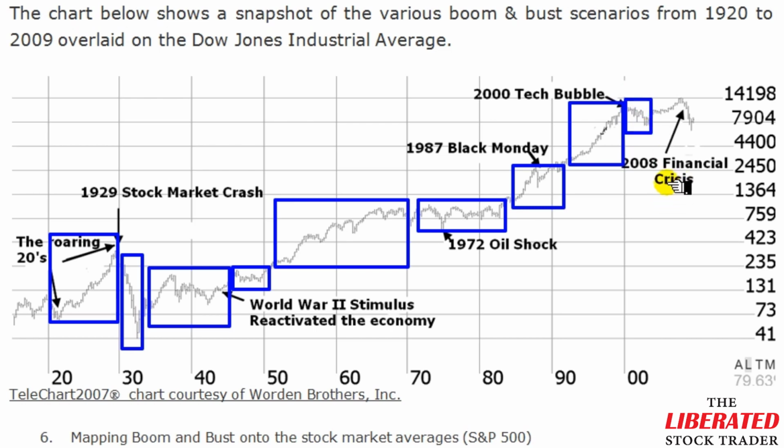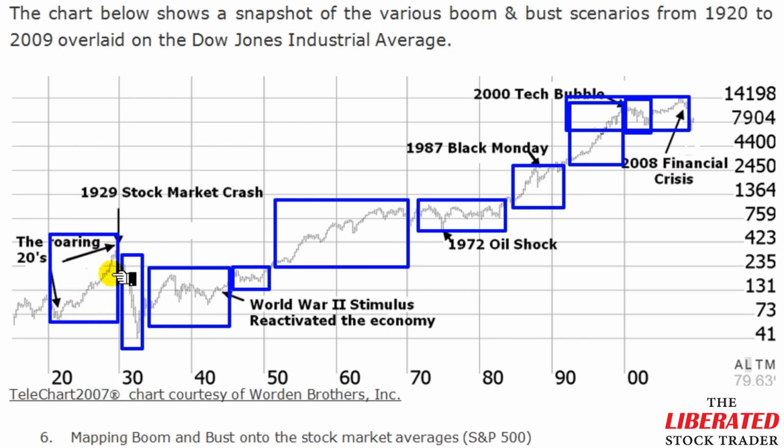Now we had a recovery from mid-2003 onwards, and by the time we rolled over to 2008, we'd essentially just slightly surpassed the tech bubble high from 2000. And what happened? The financial crisis kicked in.